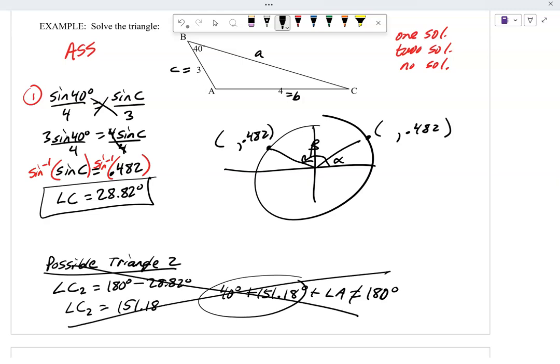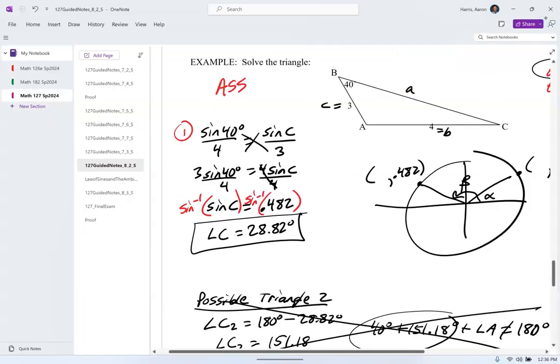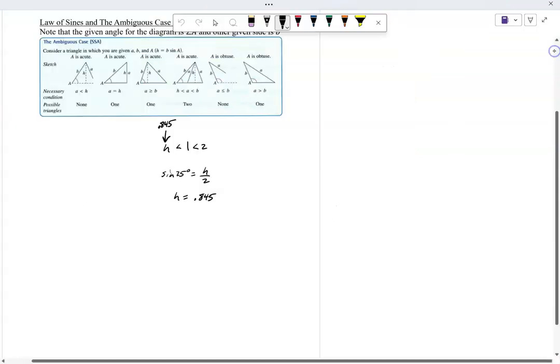So this is only one solution on this, right? One solution on this. So if you're looking at your handout, your given angle is acute, and you have that scenario right there.